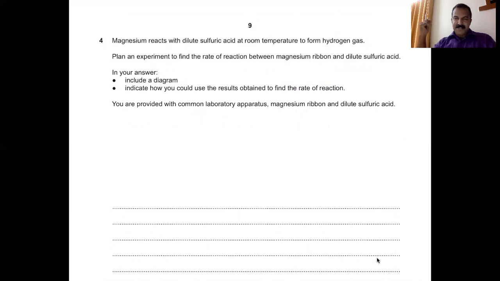Prepare yourself through your notes, the teacher's notes, the websites, various sources, and you should have some short notes made. After all that preparation, the final touch is you solve some past papers. That helps you in different ways.